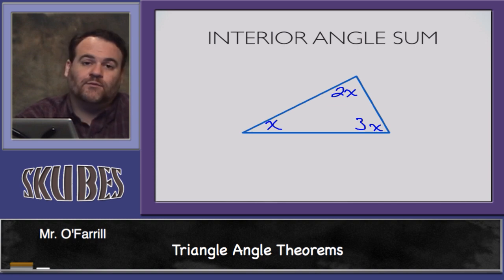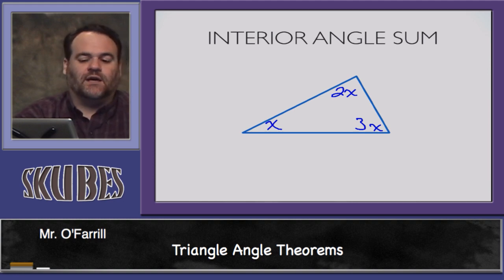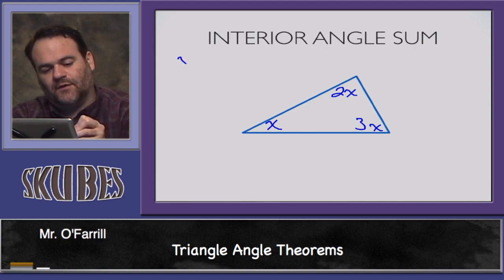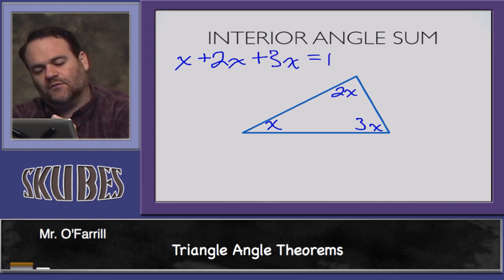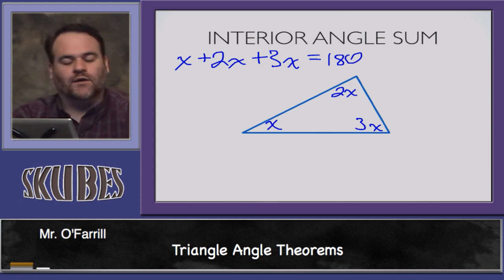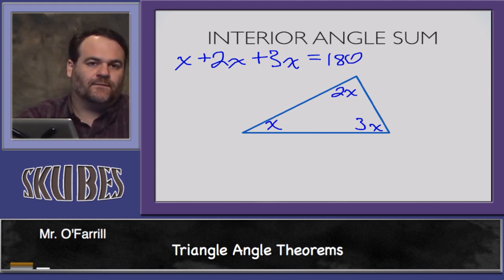Well, the same rule that we just talked about still applies. The sum of all of the interior angles of a triangle is always 180 degrees. So x plus 2x plus 3x equals 180 degrees.